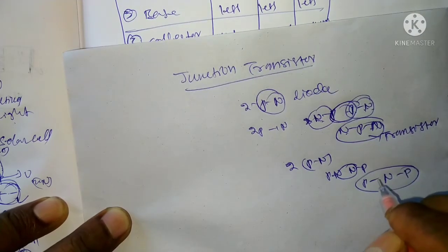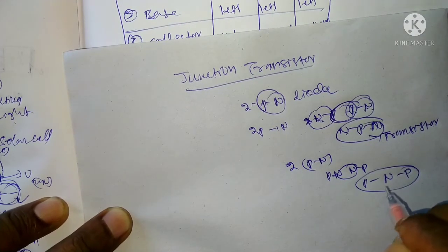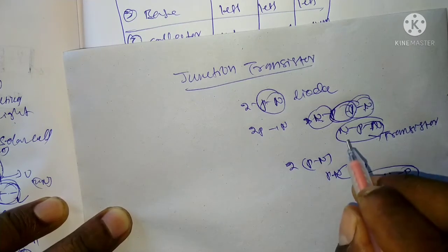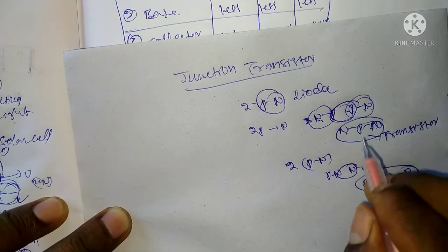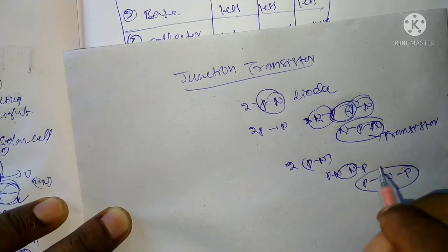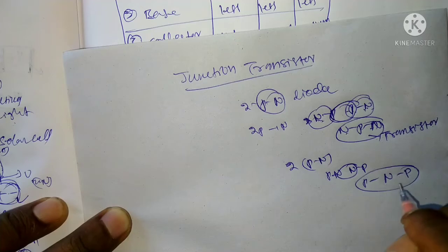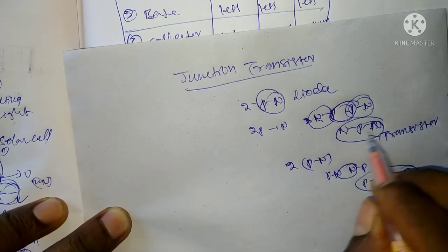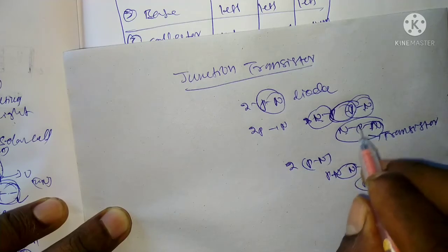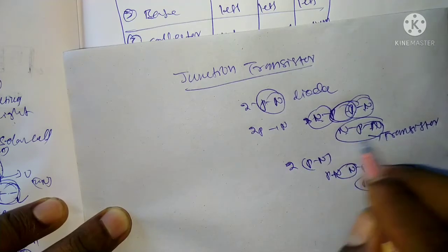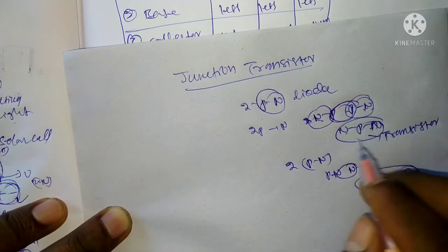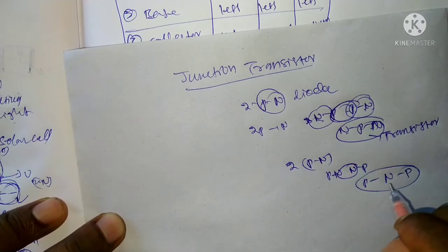This type of transistor is called a PNP transistor. In the case of an NPN transistor, P is sandwiched between two N regions. In the case of a PNP transistor, N is sandwiched between two P regions.